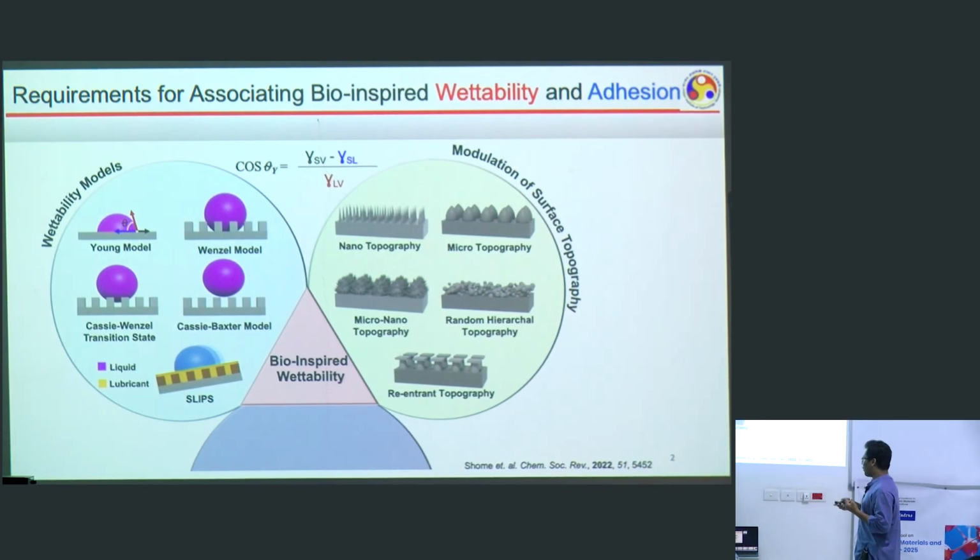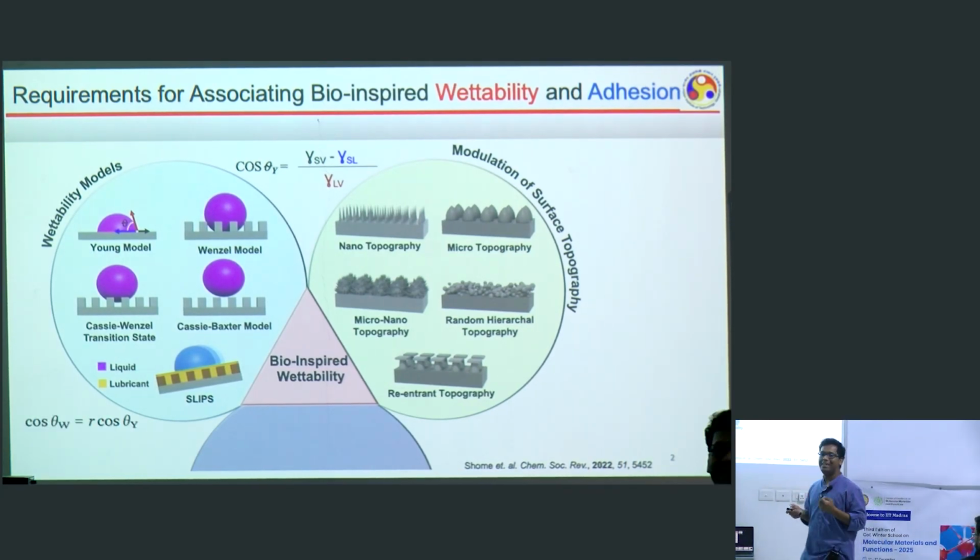Believe me or not, it took almost 100 years to realize that in this formula, Young didn't really accommodate the roughness factor, which was corrected by Wenzel. And that is the kind of situation that happened here.